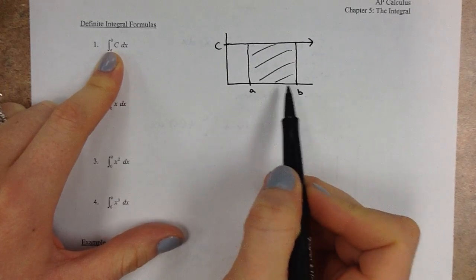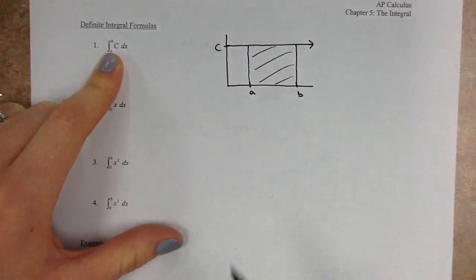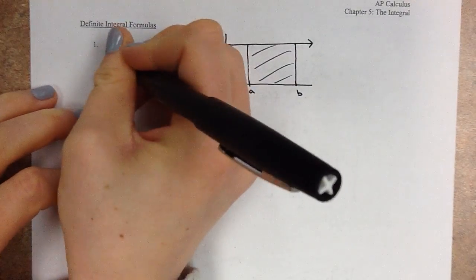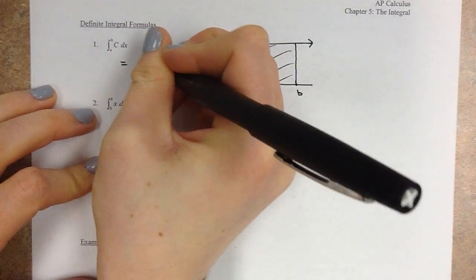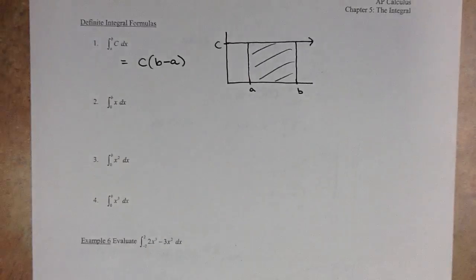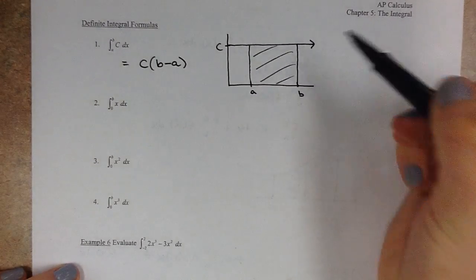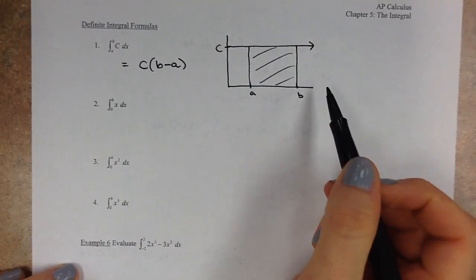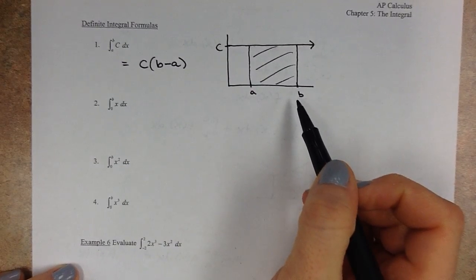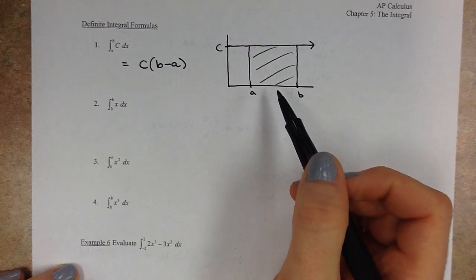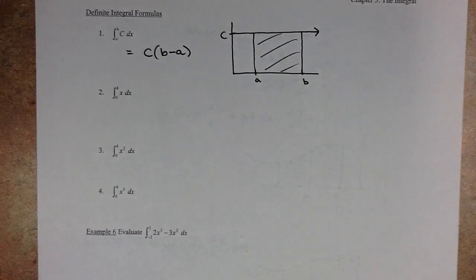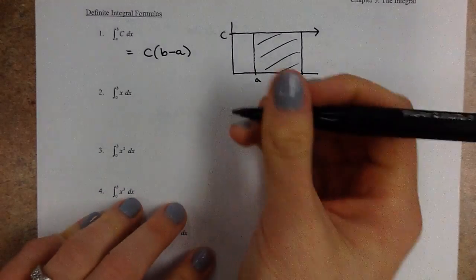Whatever these numbers here are, the width is b minus a, and then your height is c. So you end up with c times the quantity b minus a. It ends up just being the area of a rectangle. Like I said, the height of this rectangle is c, and the width is whatever b minus a is. If this were 1 and this was 5, the width would be 4, which is 5 minus 1.